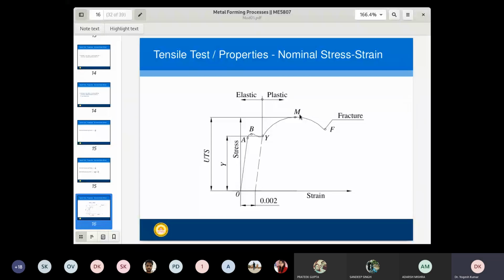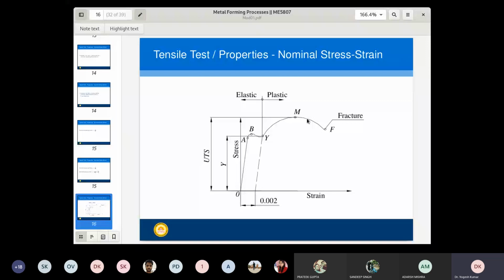So in this stress strain diagram, for failure or fracture of material, there is a maximum stress that can be induced inside your test specimen, that is equal to M. If we apply stress more than this value, the material will fracture, or break into two pieces.